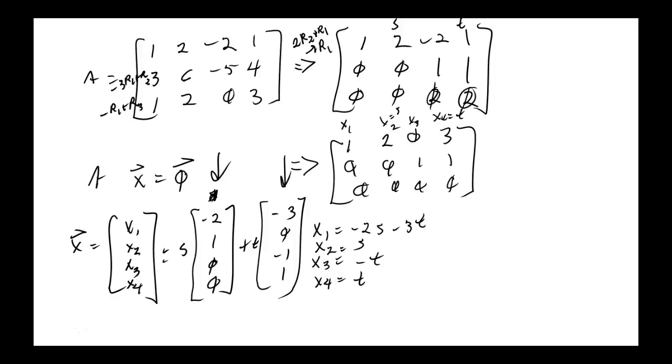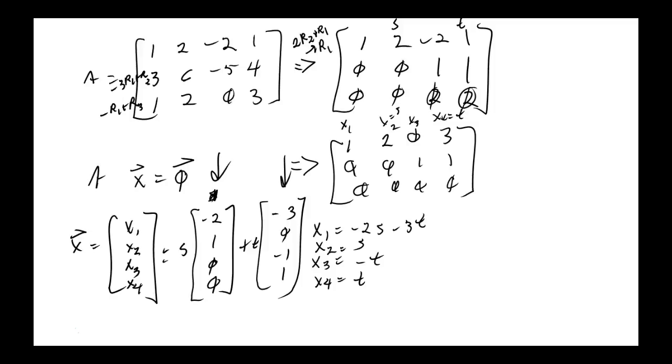Now we get to the third part. We are 3 minutes over, so let's wrap this up. In example 7, the matrix A has 4 columns.